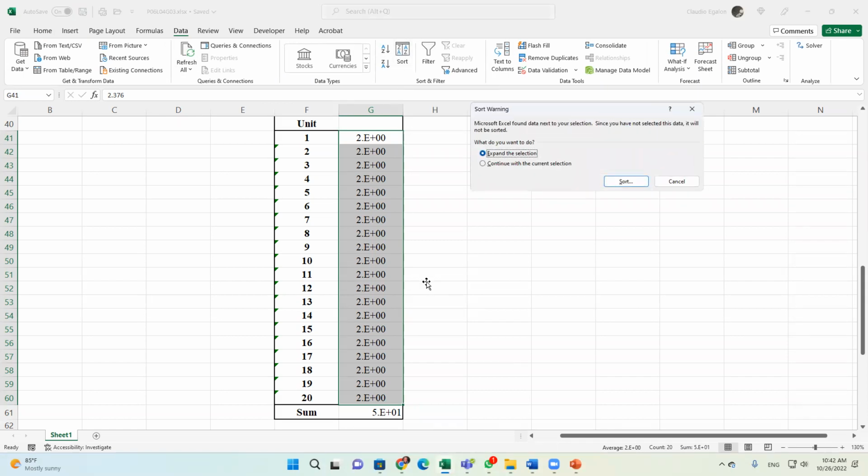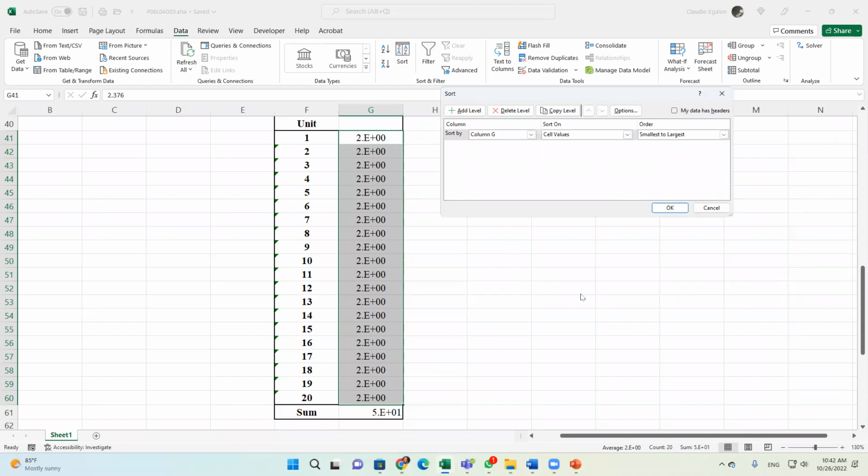Microsoft found data next to your selection. Since you have not selected that data, it should be okay. You're gonna have this screen screaming at you. Do not expand the selection. Just continue with the current selection, and then you sort.